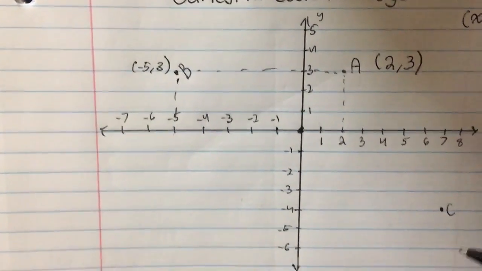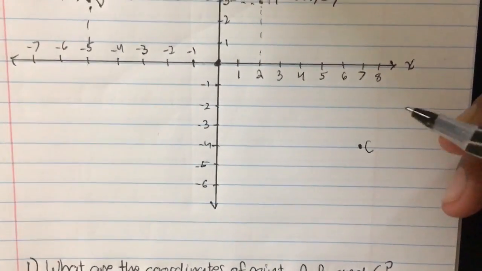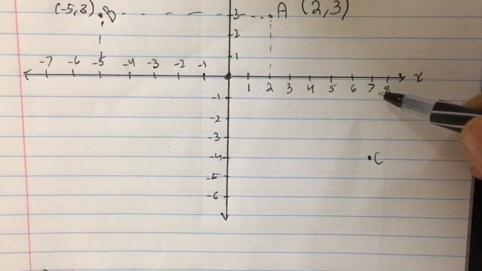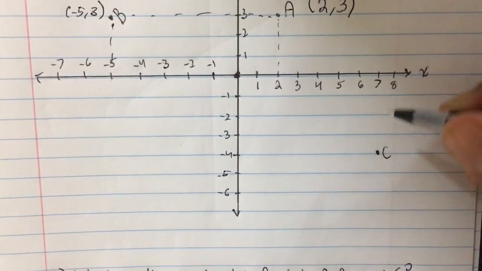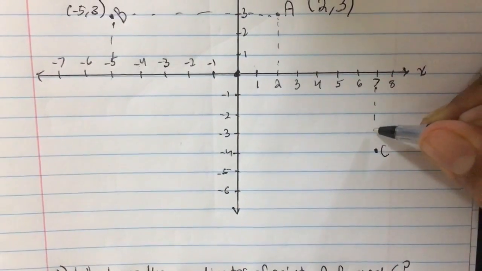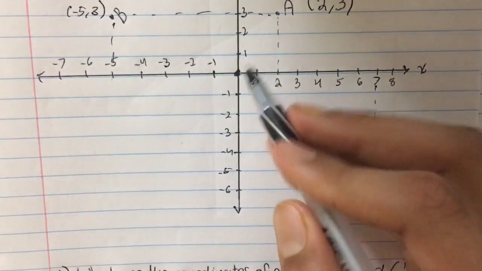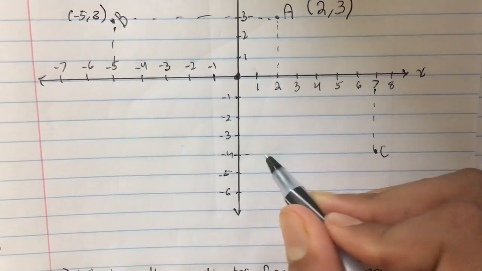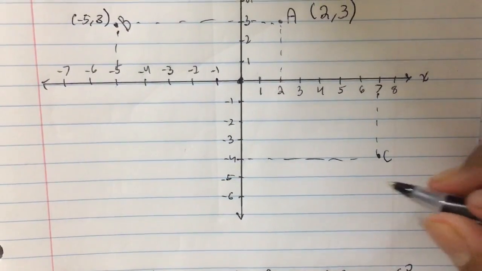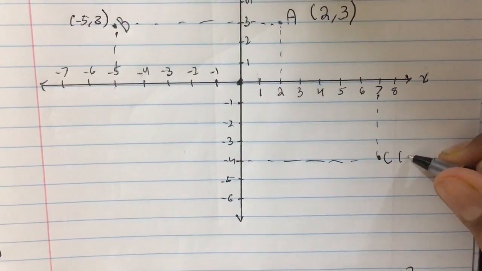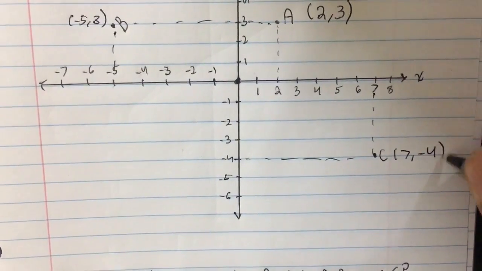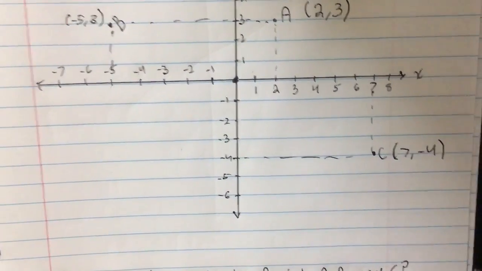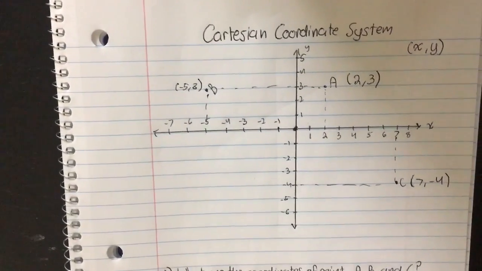Now we have point C here in the bottom right corner, and that seems to be 7 away from our origin, so +7, and -4 on our y-axis. So our last coordinate would be (7, -4). Okay, so we're done with question 1.